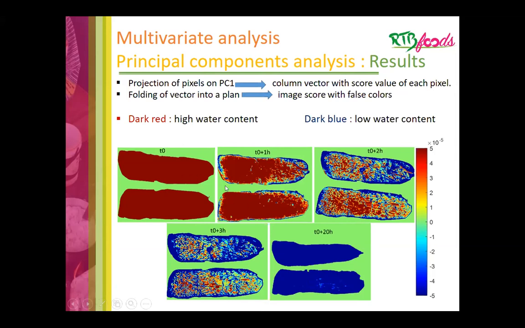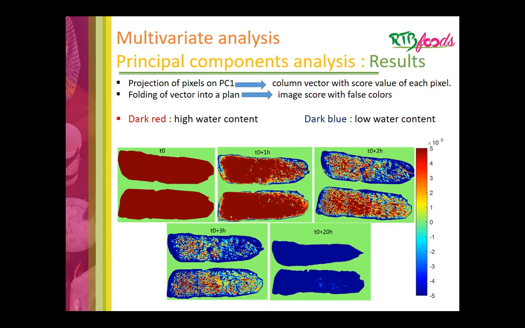The image scores are obtained at T0 before drying, and 1 hour, 2 hours, 3 hours, and 20 hours after drying. Dark red represents high water content, and dark blue represents low water content.